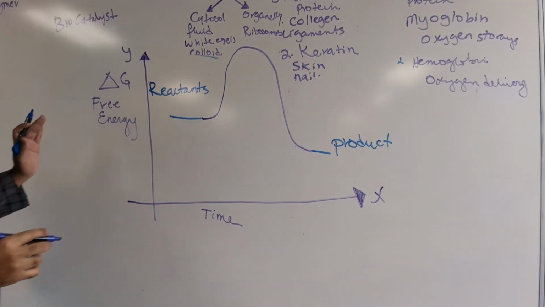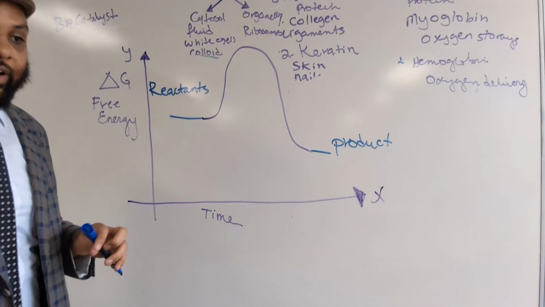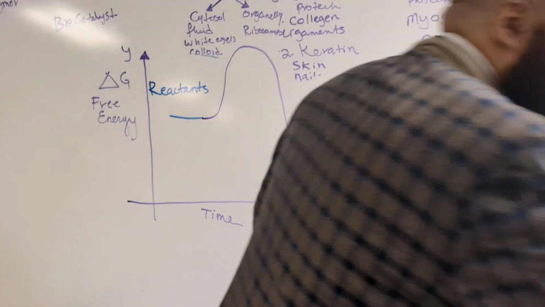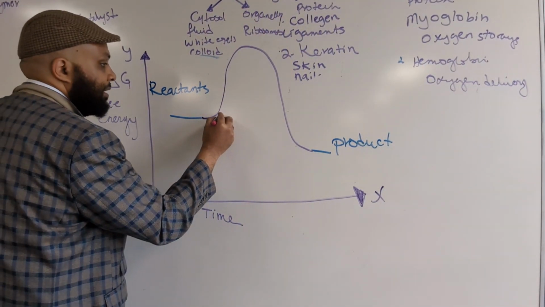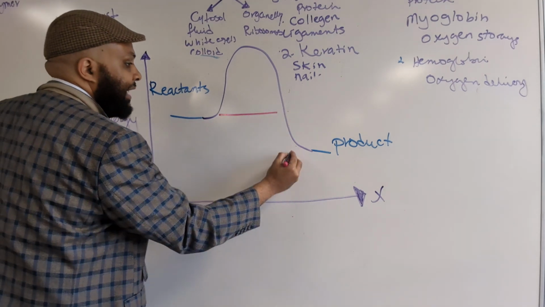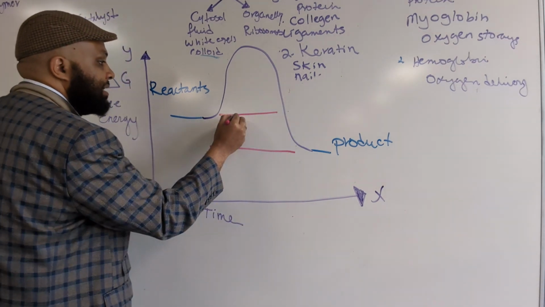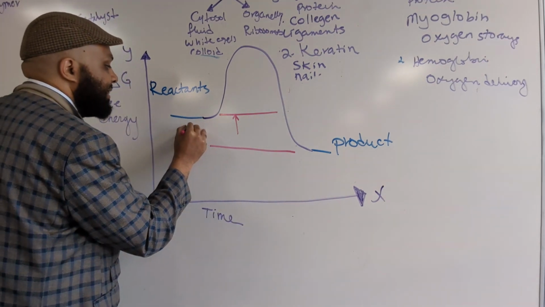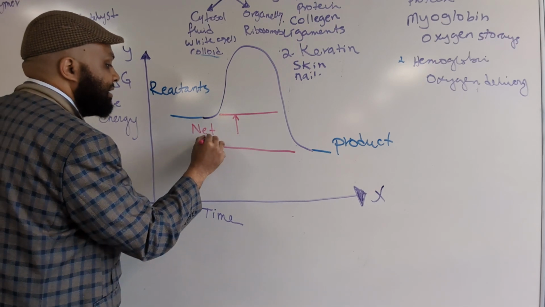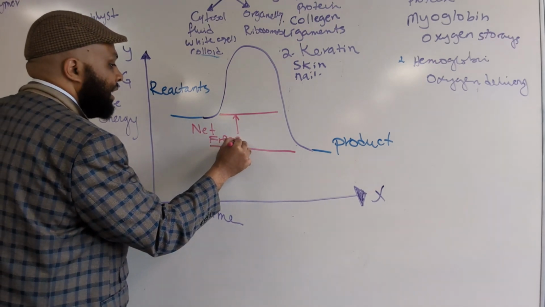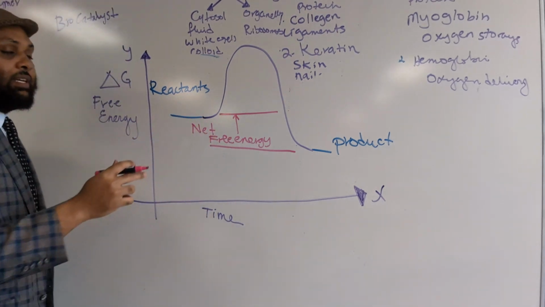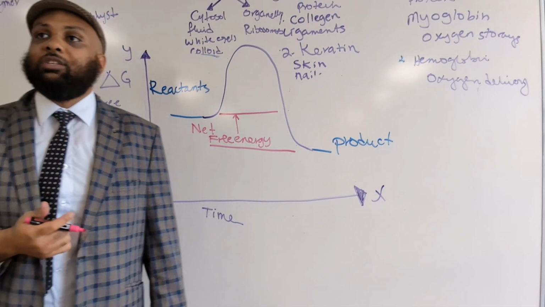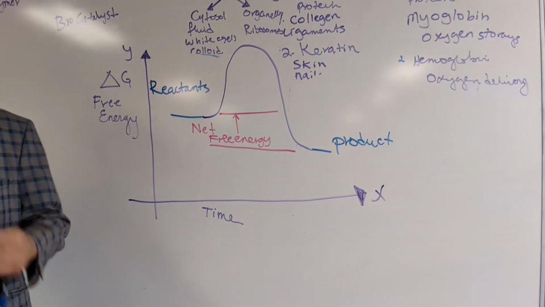When we have to go uphill, there are two kinds of energy we have to recognize. The energy between reactants and products is known as the net free energy.